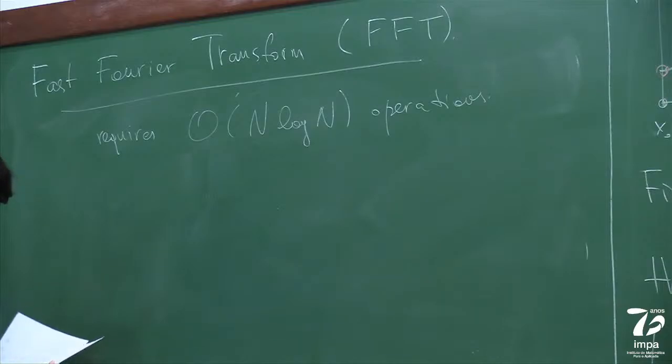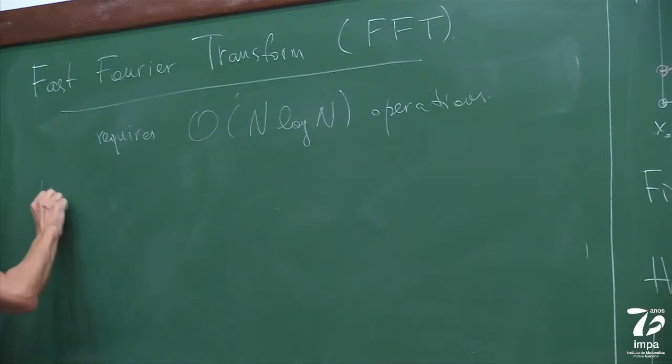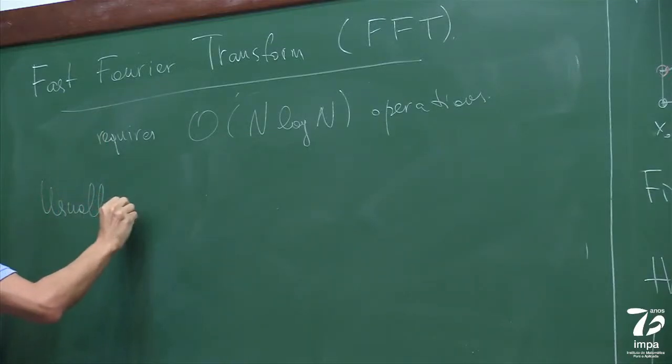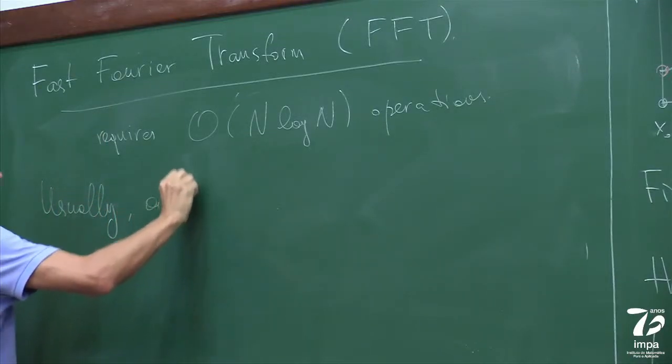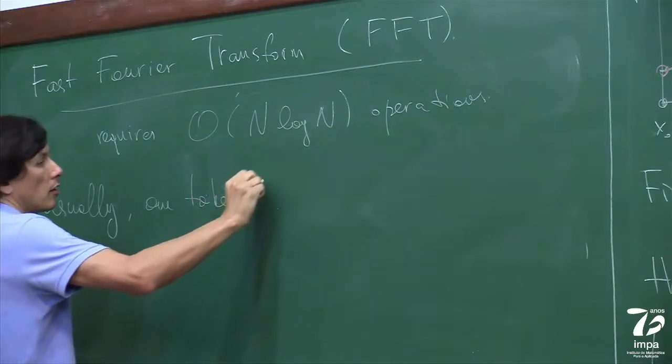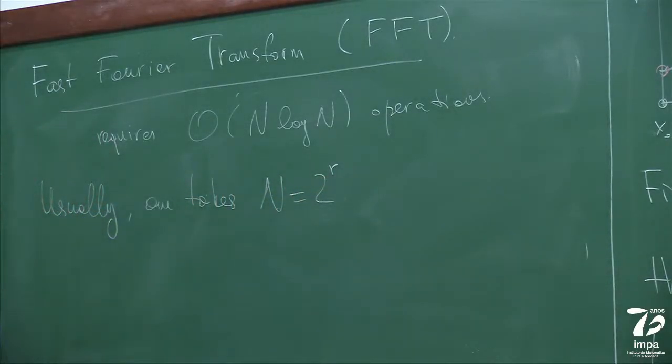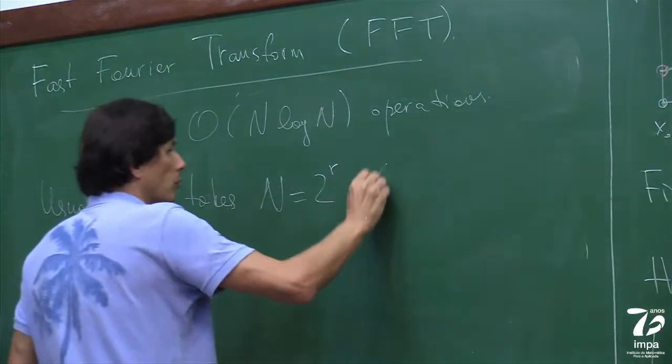Okay. So how is it done? Usually in FFT, one takes n to be a power of 2. So it's the most optimal number.